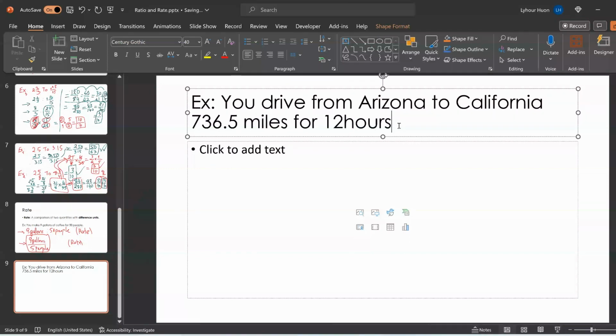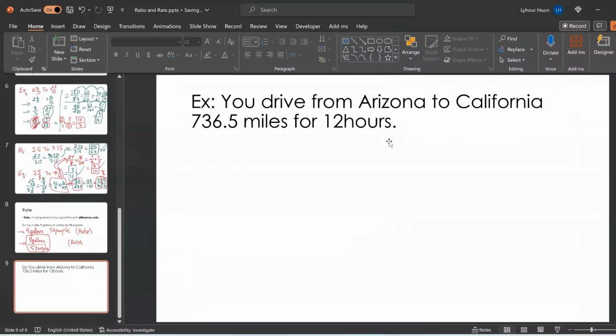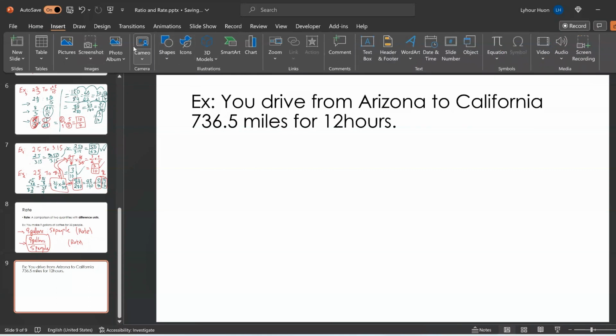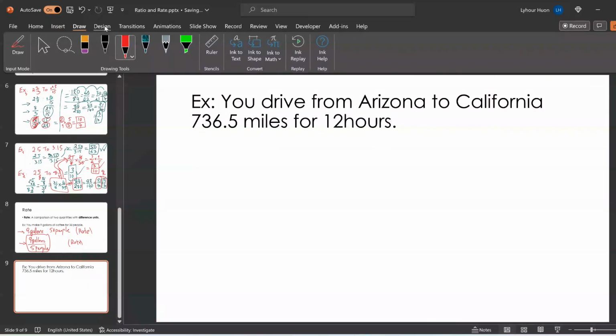So write this as a rate. How do we write this as a rate? You drive from Arizona to California, 736.5 miles for 12 hours. 736.5 miles colon 12 hours.